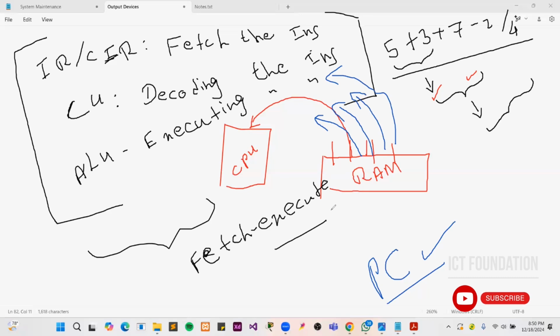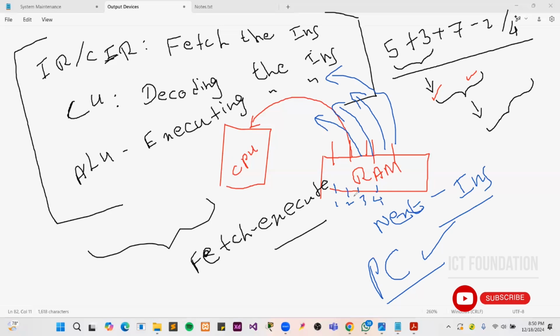Sometimes you can write that the program counter is a register which is storing the next instruction's memory address. Because once you are storing the data within the RAM, it is identified by the memory address. Memory address means you can identify 1, 2, 3, like that, you have multiple memory addresses here.